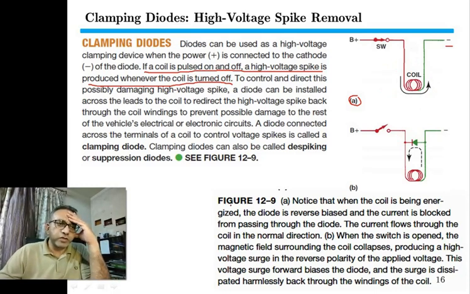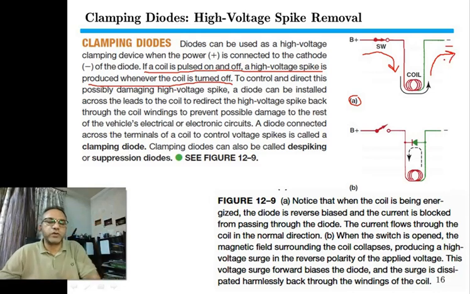First of all, there is the battery positive terminal, the switch, the coil, and then the battery negative. When we turn on, the switch is short circuited. As a result, a current flows through the coil and into the battery negative. That is quite simple. But what will happen when we turn off this switch SW?